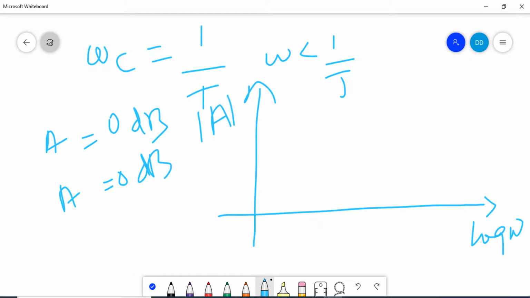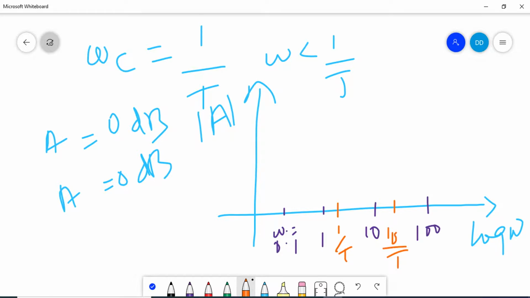We will mark the omega. This is omega 0.1. This is 1. This is 10. This is 100. So our 1 by t comes somewhere here. 10 by t is here.